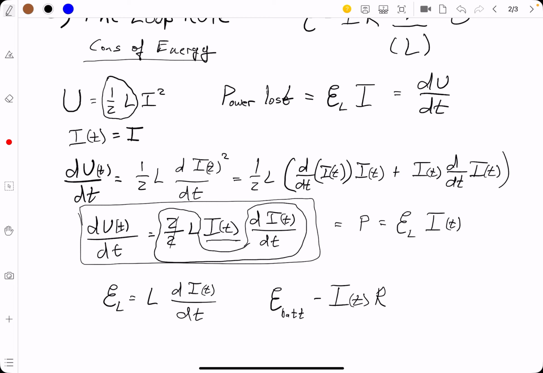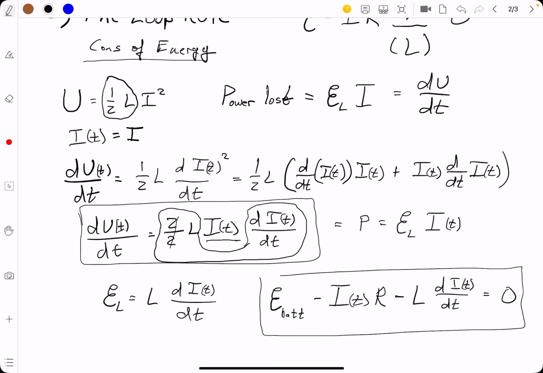Okay, so it's going to be negative, and this is the voltage drop, I'm sorry, not power drop, and we're going to lose this. And that equals 0. So we have filled in the blank, and for our loop, that's what we've got.